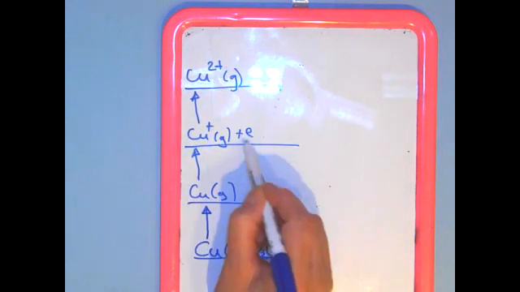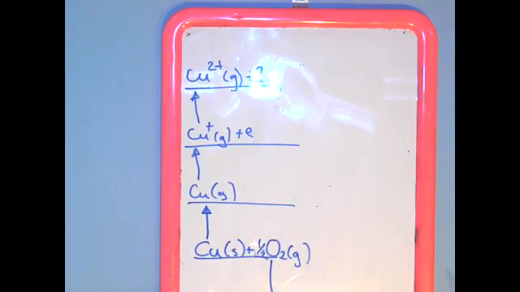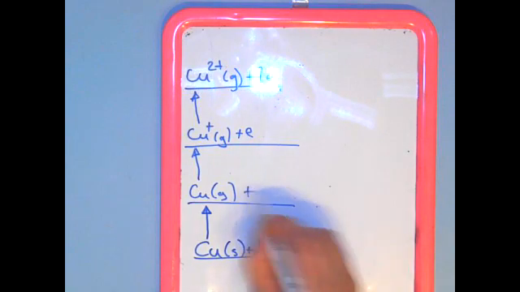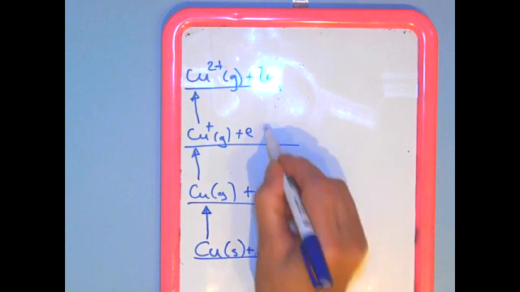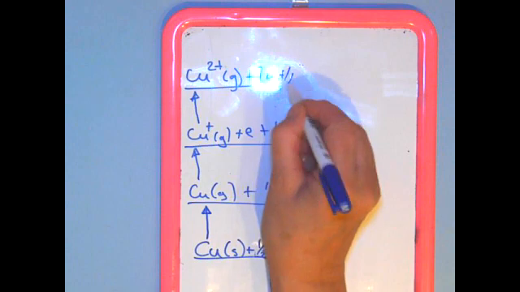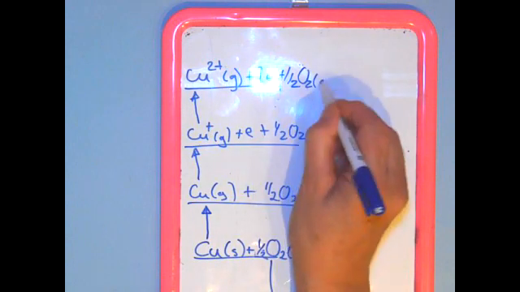And there's one electron there already, so that would give me 2 electrons. And I haven't done anything with the oxygen yet, so I'm just going to transfer it up here, showing it hasn't changed at all. Plus a half O2. Oops, let's put the gas in and the gas in.